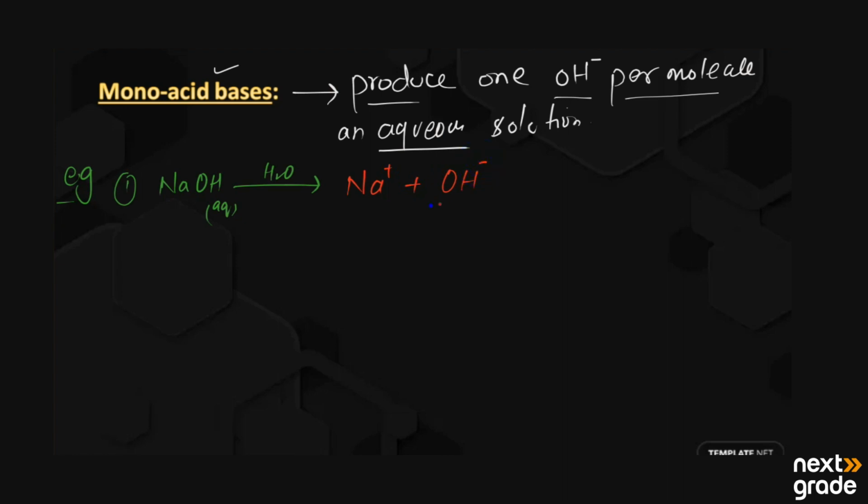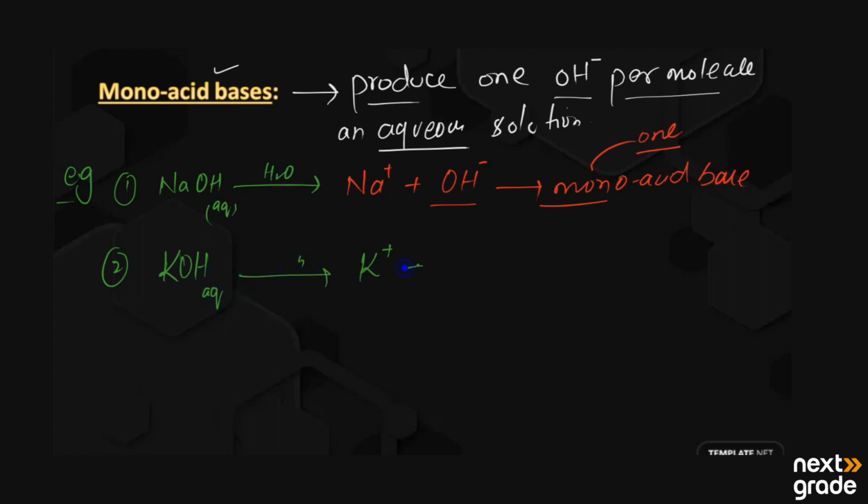Here it has produced only one hydroxide ion, so it is known as a monoacid base. Mono means one. The second example is potassium hydroxide. In its aqueous solution, under the same conditions, it produces a K positive ion and a hydroxide ion, so it also falls under the category of monoacid bases.